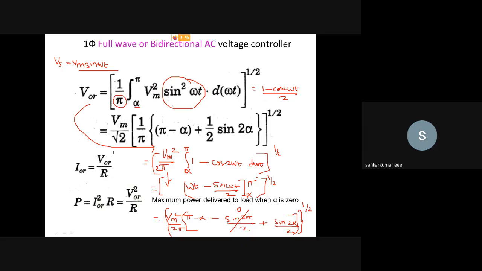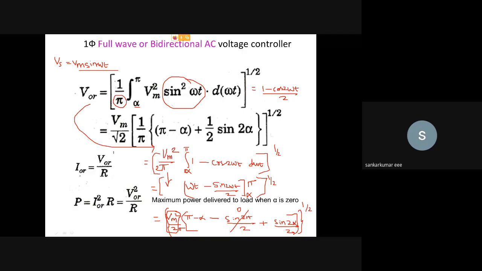Out of this bracket we will be having Vm square by 2 pi. We can take Vm square by 2 outside the square root, so that we get Vm by root 2, and here we will be having 1 by pi into (pi minus alpha plus sin 2 alpha by 2) to the power of 1 by 2, right? So this is your expression for the RMS output voltage.